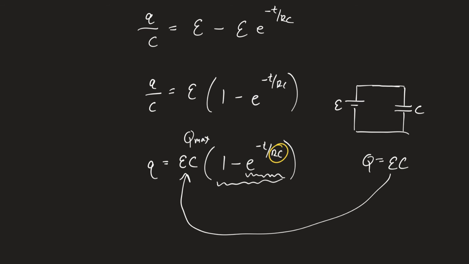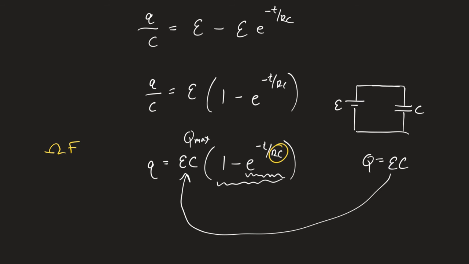RC is our time constant. It might not be obvious to you, but RC has to be in seconds. It has to be, meaning ohm farad has to work out to units of seconds. It has to, because I can't raise e to the power of a number that isn't unitless.